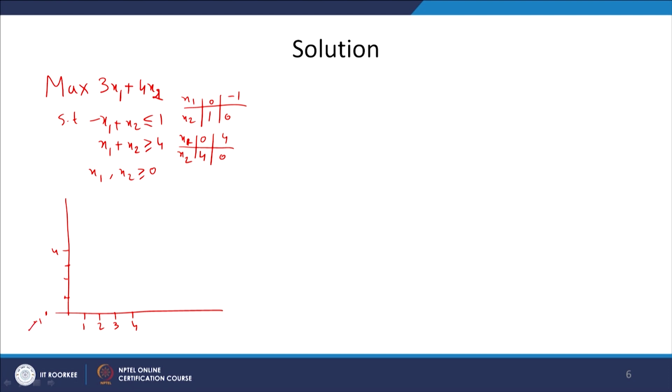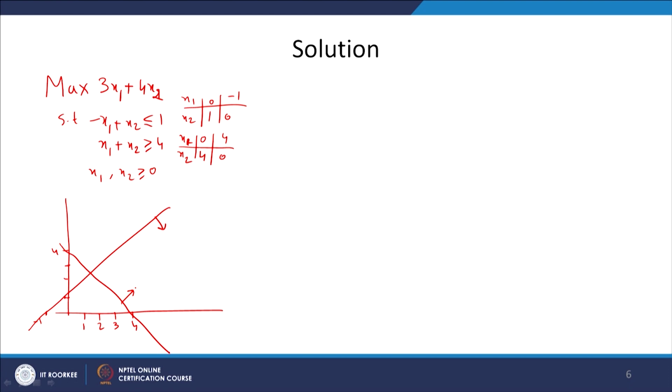So, this is the first constraint, and as you know, since it is less than or equal, the feasible region is below the line. Similarly, the second constraint passes through (0, 4) and (4, 0) and the feasible region is above the line because it is greater than or equal to 4.